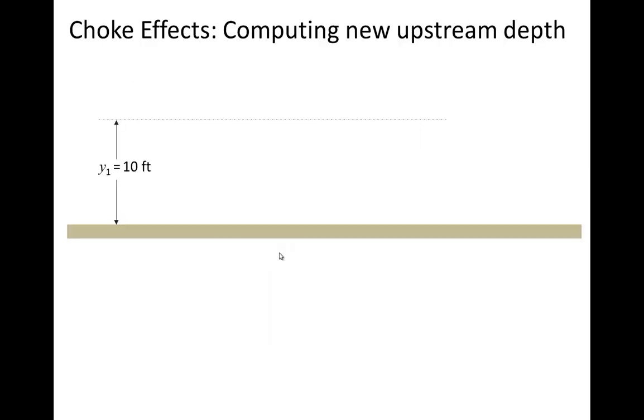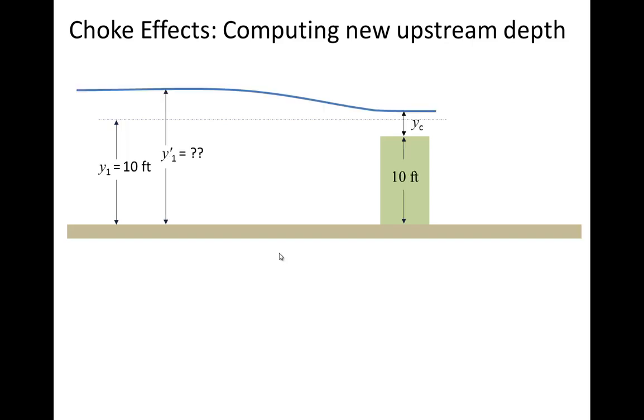Let's consider that situation with an illustration where the flow depth is 10 feet over a channel. There's some obstruction, also has a height of 10 feet. And so the water is going to have to pool in order to make it up over that obstruction. And we want to find what is the new flow depth, Y prime 1, upstream where it used to be 10 feet, how high will the water surface have to get in order to achieve flow over that obstacle?